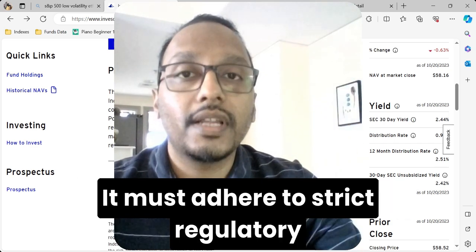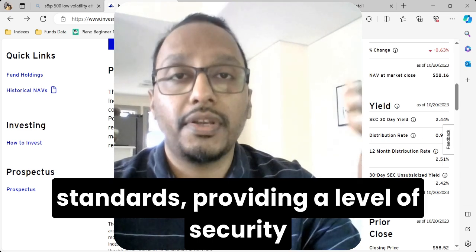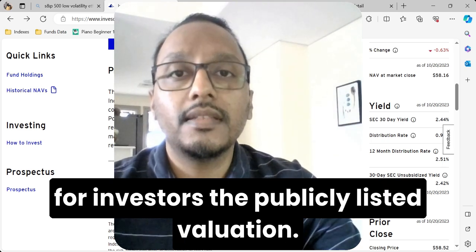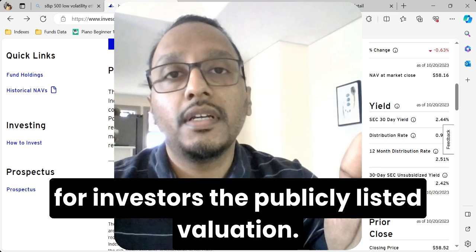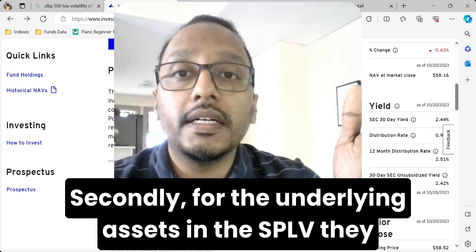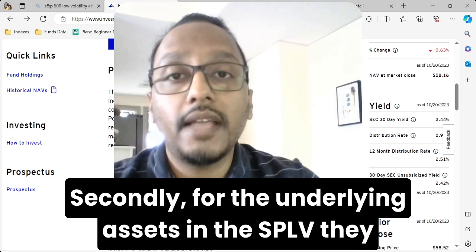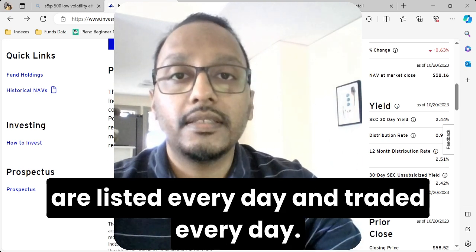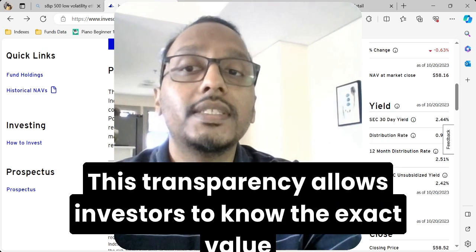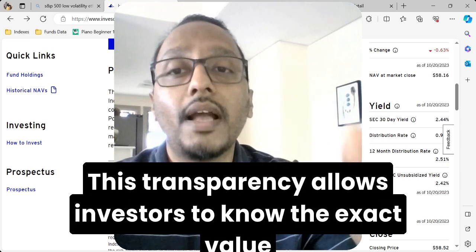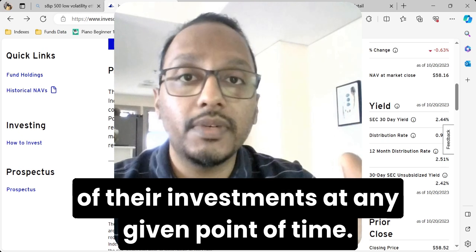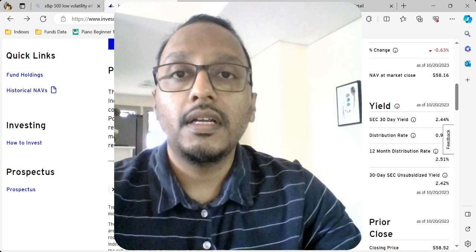It must adhere to strict regulatory standards, providing a level of security for investors. Secondly, the publicly listed valuation: the underlying assets in the SPLV are listed and traded every day. This transparency allows investors to know the exact value of their investments at any given point in time.